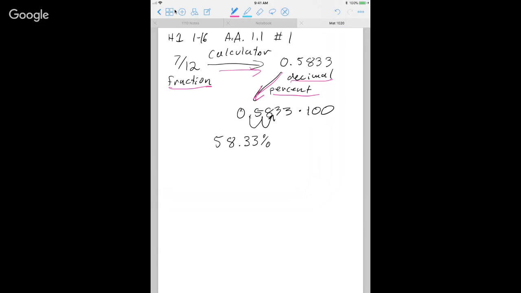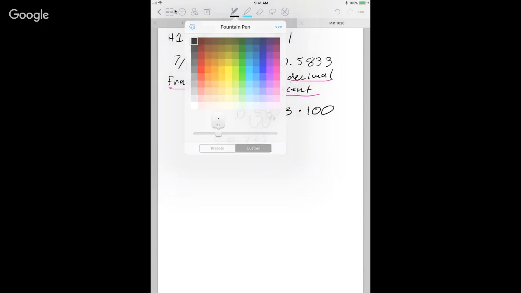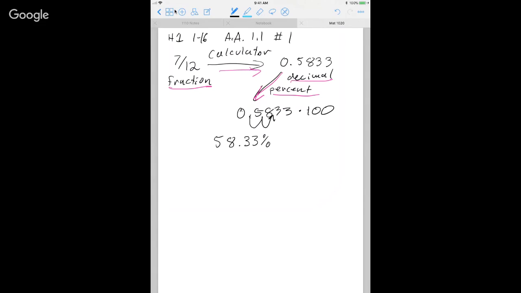Okay, so change my color back. All right. Okay, so I'll take the 2% one. So say you're given 2%, right? Well, to back that out into a decimal, divide by 100, right?